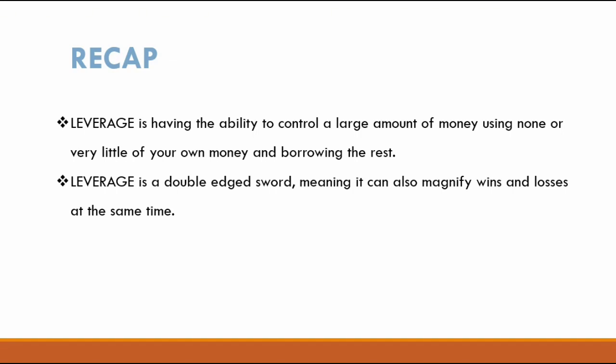Remember, leverage can make or break you as a trader, hence the need to employ good risk management strategies. We also touched on how to calculate pips in relation to lot sizes, that is, your standard lot, mini lot to nano lot.